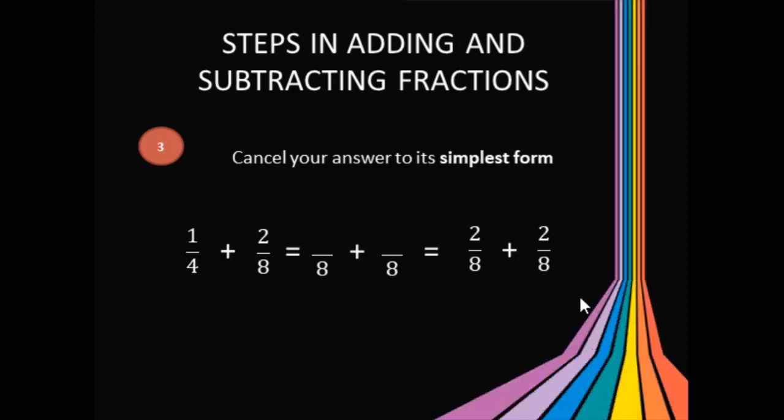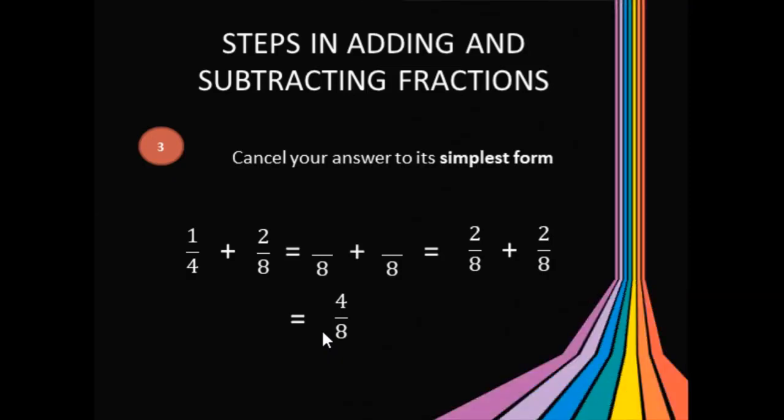Now, our denominators are the same already, so we can add. Right? So, 2 plus 2. We get, okay, very good. We get 4 8s. 4 8s is not yet in its lowest term. Agree with me? Not yet. So, we need to cancel it first to get the simplest form.